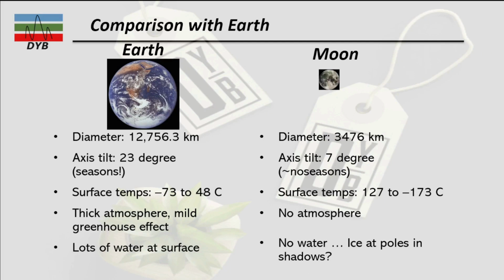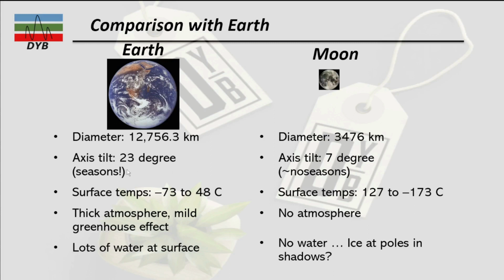So let's compare some of the differences between Earth and Moon so you will be clearer about the understanding of the Moon. The diameter of the Earth is 12,756 kilometers, and the diameter of the Moon is 3,476 kilometers.